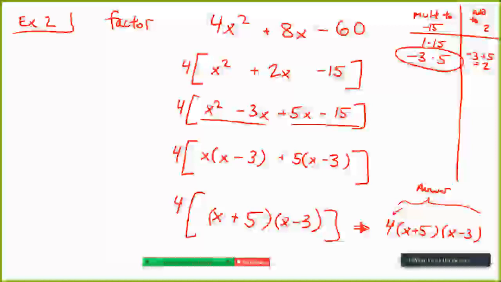Quick side note, if we hadn't started this problem by factoring out the 4, we should still get the same answer at the very end. But it'll just look different. And honestly, the list we make would be crazier because let's look again at the very beginning, 4x squared plus 8x minus 60. If I hadn't factored out that 4 to start with, our a times c would be negative 240.